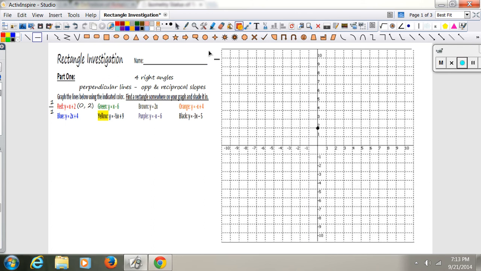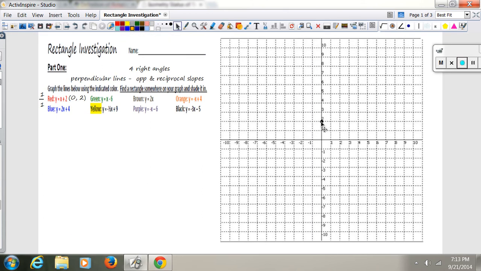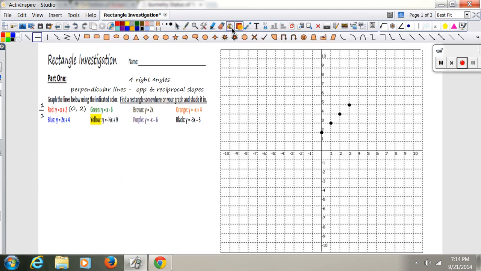That means we're going to rise 1 and run 1. So from this dot right here, we are going to go up 1 and over 1. And we're going to do it again, up 1 and over 1, and again, up 1 and over 1. Then we're going to draw that line in red.